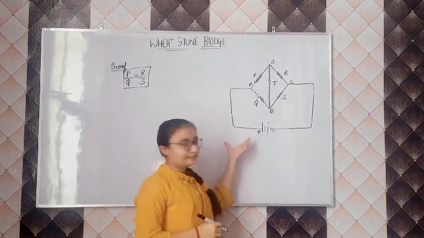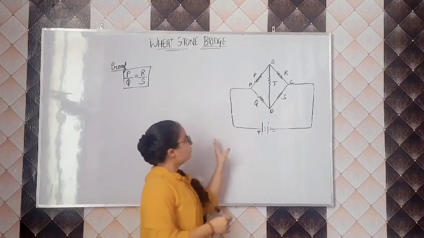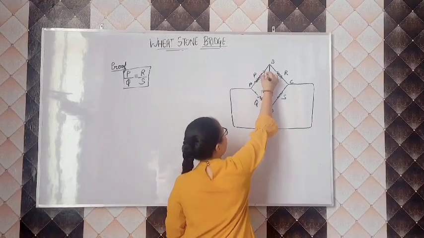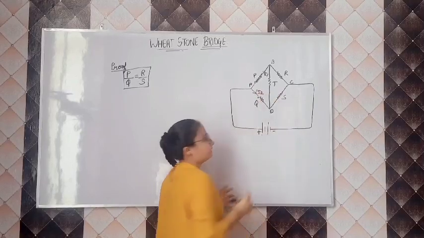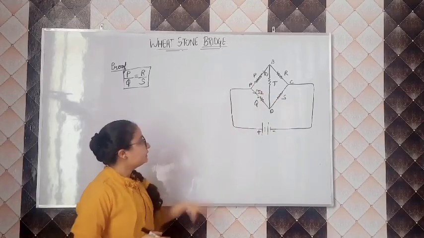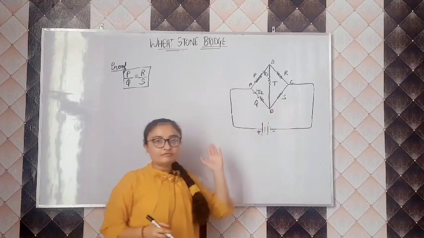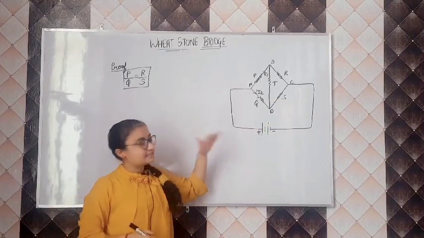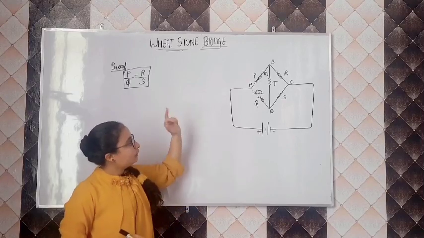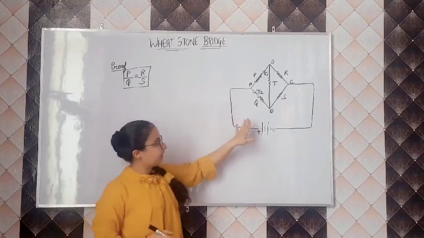As we know, current is flowing in the circuit. Here the current will be I1 and here the current will be I2. But there is one condition: as S is a variable resistance, we will set it such that there is no current in the BD wire.